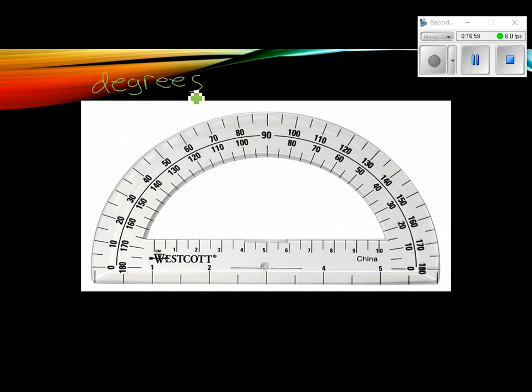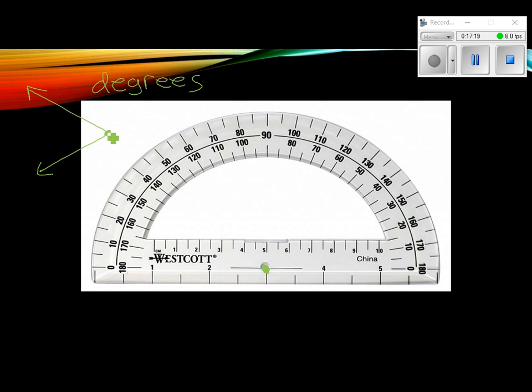When you're measuring, it's got 2 different sets of numbers. So when I'm measuring an angle, first thing I'm going to do, I'm going to put the point of the angle. An angle looks like this. It's got 2 rays, and it's got a point. That point's called the vertex. I put the vertex right there at that hole.